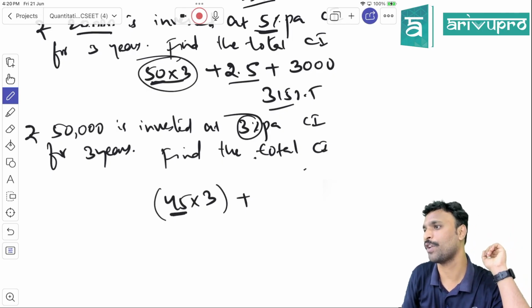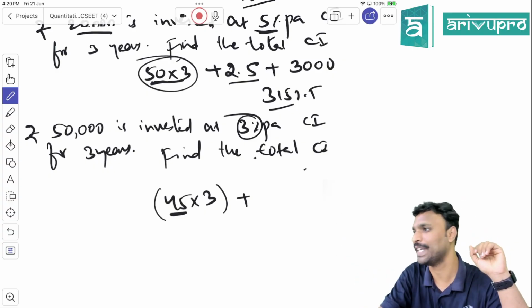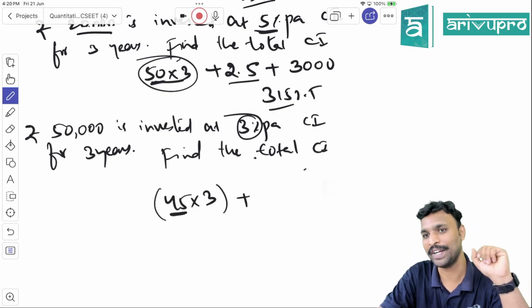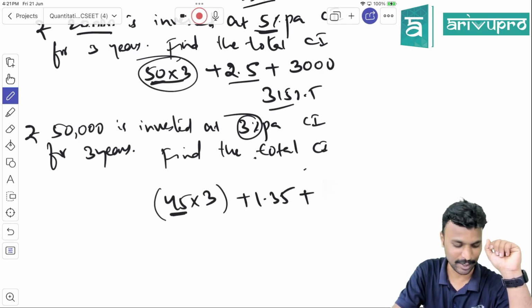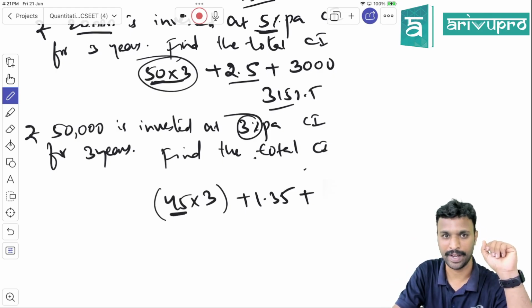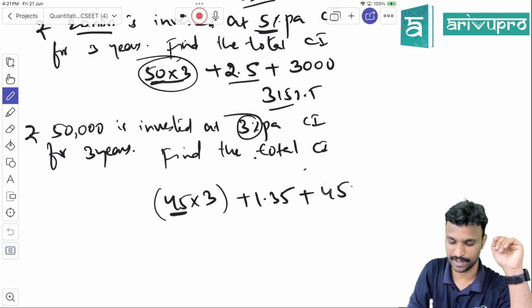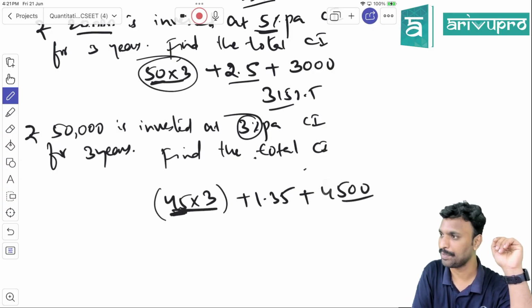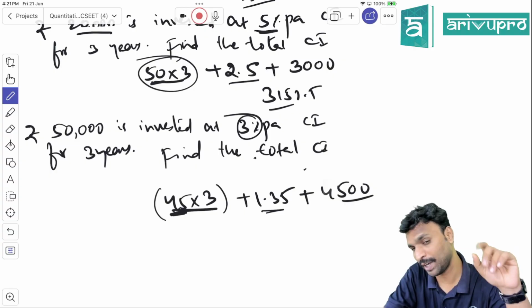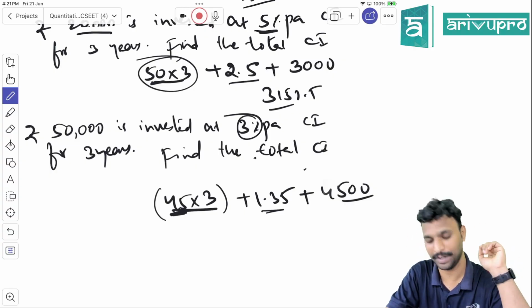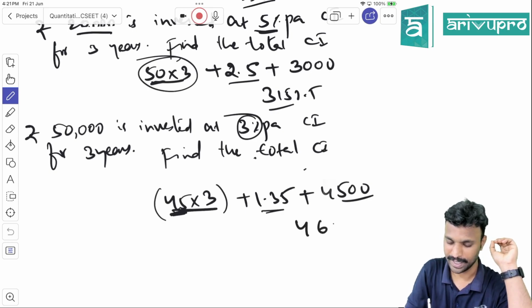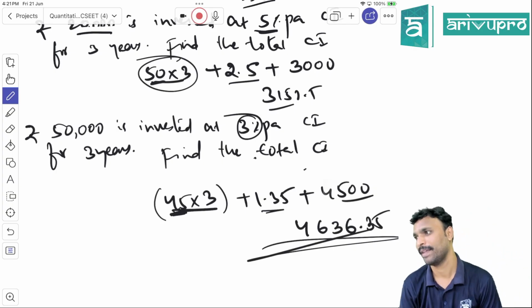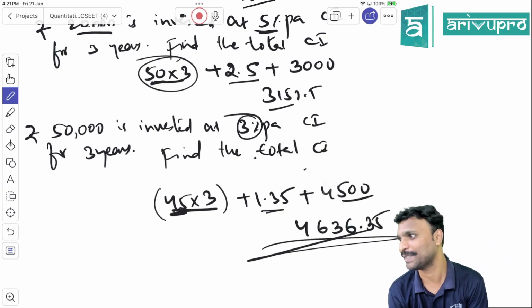What is 3% on 45? 45% into 3 is 135%, correct? 135% now is 1.35. Plus SI for 1 year is 1500, so for 3 years it is 4500. Now 135 plus 1.35 is 136.35. So 4,636.35 is the answer. So your mind should act like a calculator.